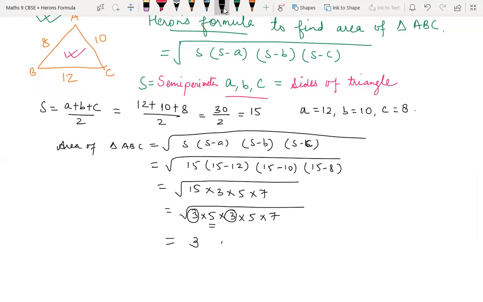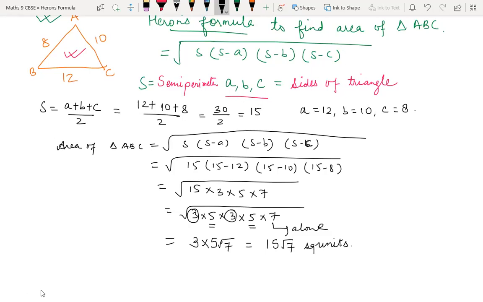Now 5 and 5 is also a pair, so you write 5. And 7 is alone and has no pair, so we write only root 7 inside. So the answer is 15 root 7 square units.